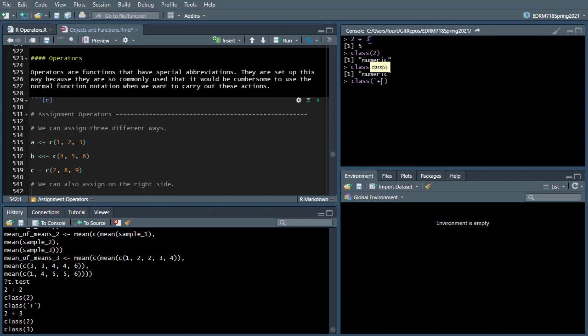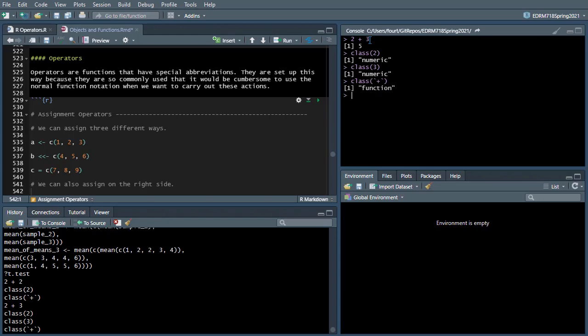If I just put plus, I'll get an error message because it will look for it as an object that I defined. But if I put it in these single quotes, now it's going to ask, what is the class of the plus sign in my expression? It's a function. So a plus sign carries out a function. It is a function call when you put plus.